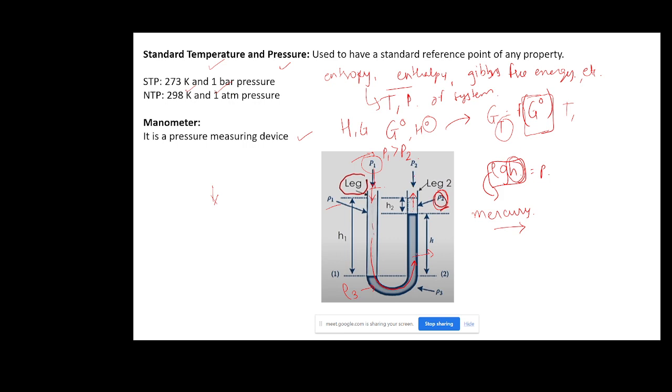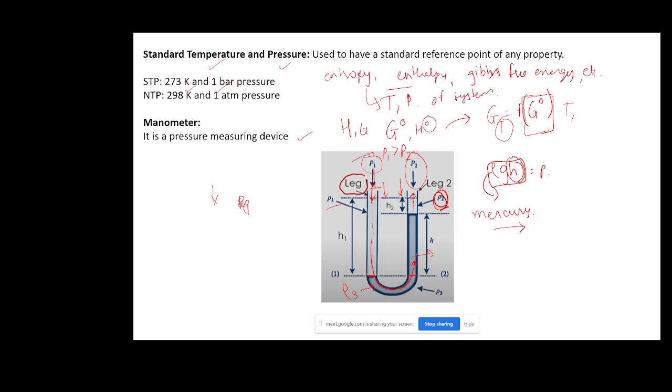There will also be some pressure exerted due to this liquid. The more you shift, this will also try to shift the liquid back.